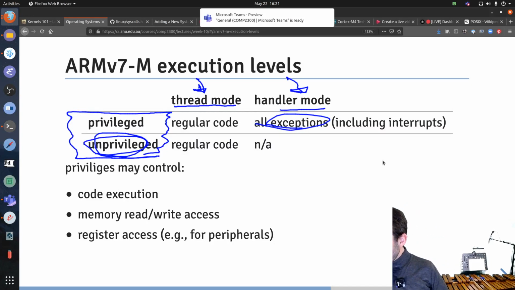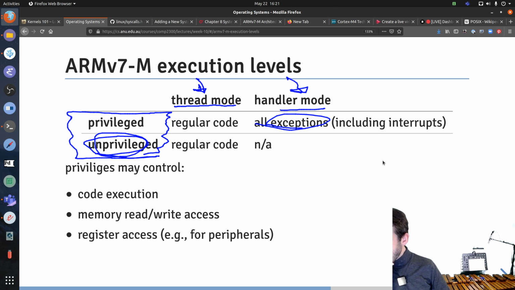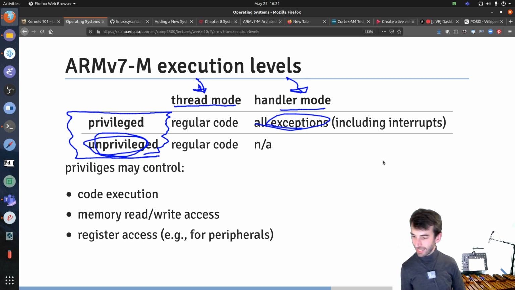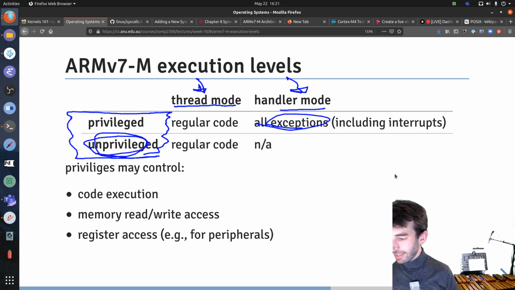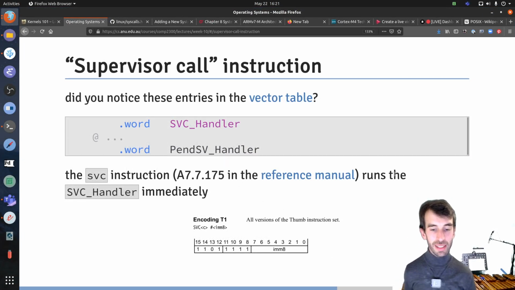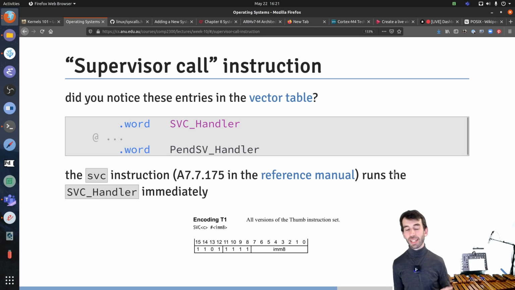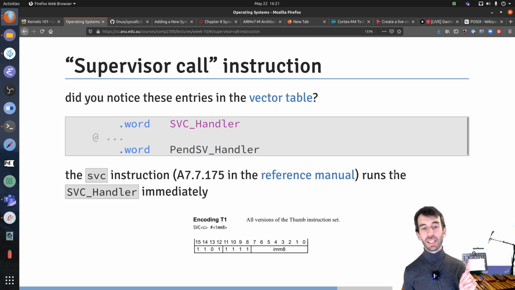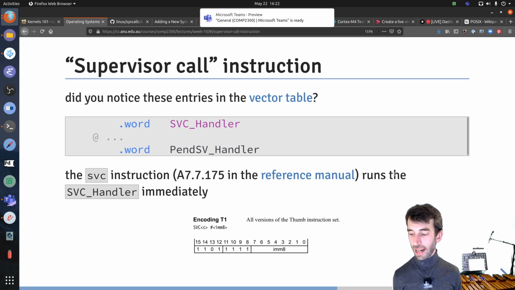But what I'd like to do, for the last few minutes of this lecture, is have a go at running what's called the supervisor call instruction on the Disco board.